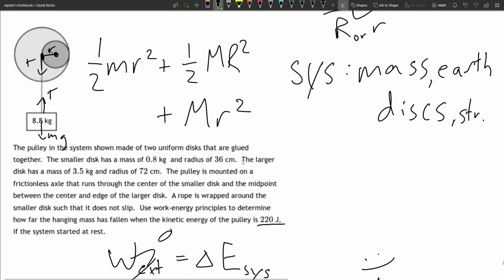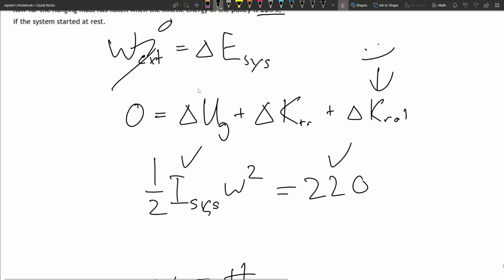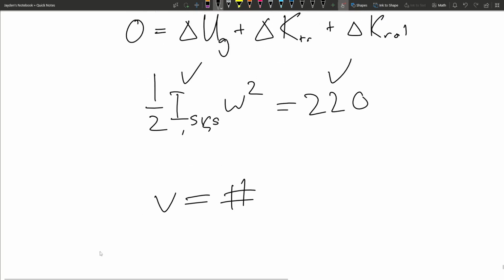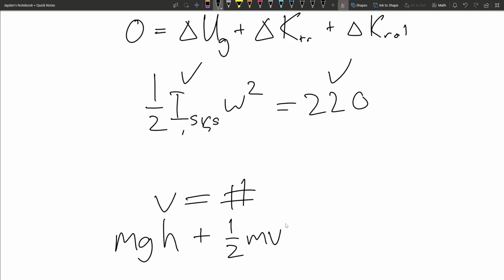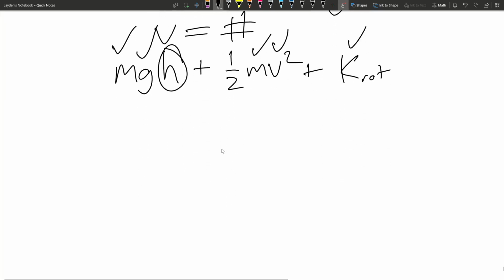What we can do now is plug v back into this equation and see how far it goes down. We know this, we know this, we know this because they gave it to us. We don't know this, so we can find the height.